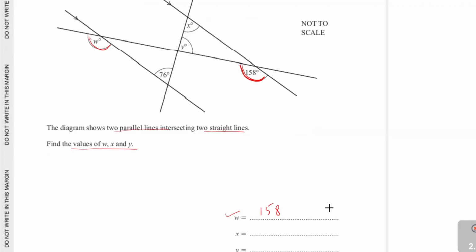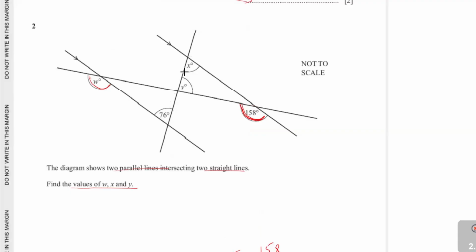And next, find the value of x. Look here, this is the angle x, and this angle x is formed between the parallel line and the other transversal line. And next, look here, the angle is between the second parallel line and this second transversal line.